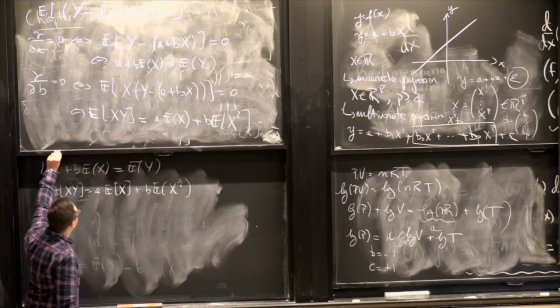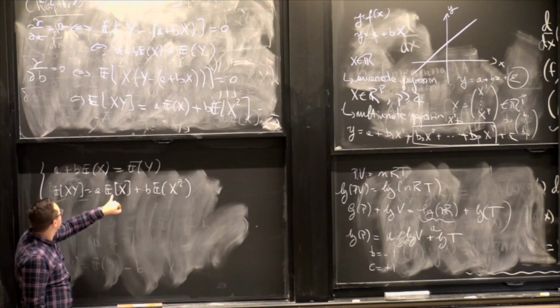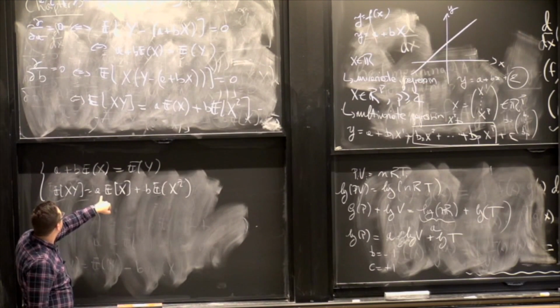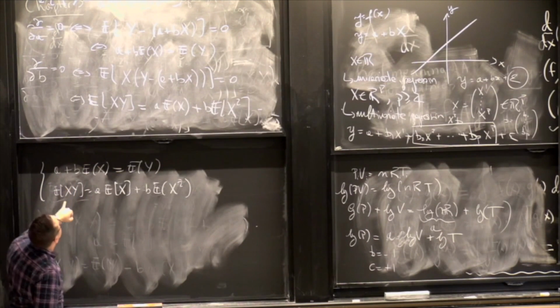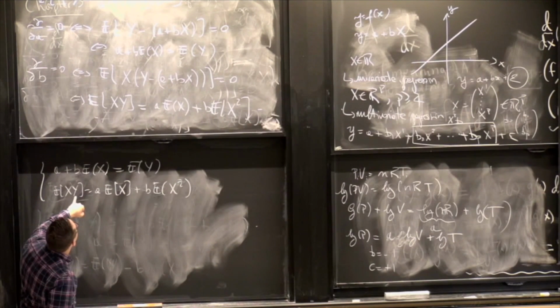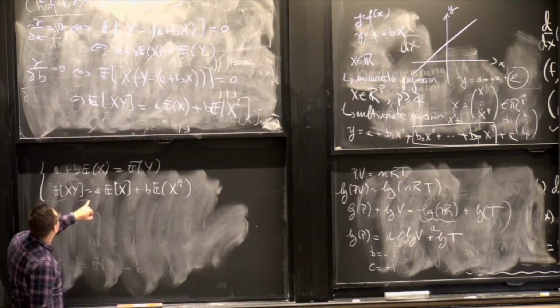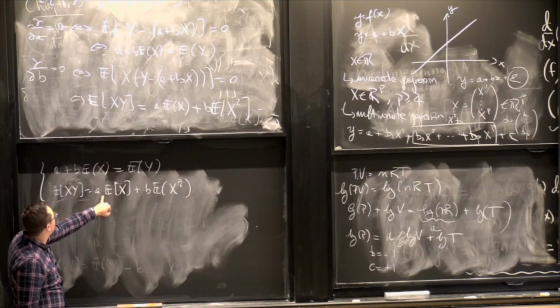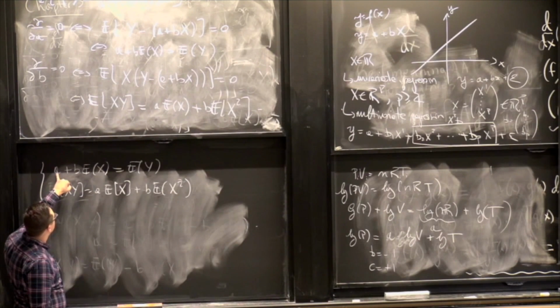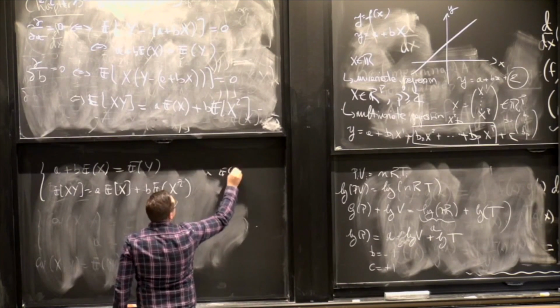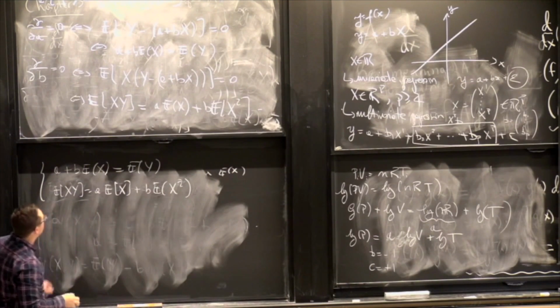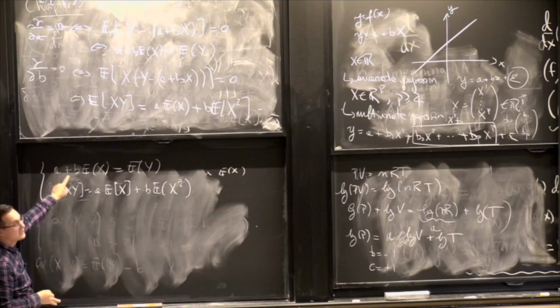And now I want to cancel one of these things, right? So I'm going to take this guy and multiply it by e of x and take the difference, and then those two terms are going to cancel.